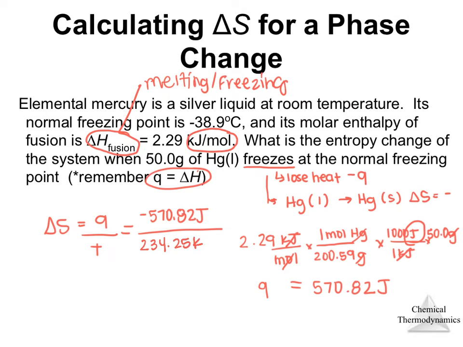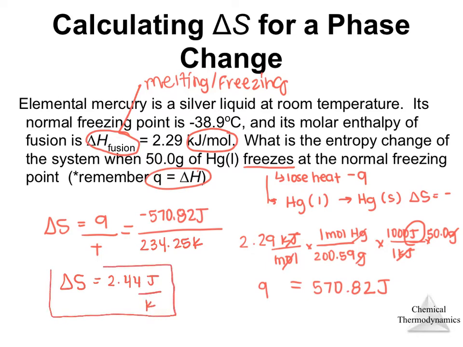So when I take negative 570.82 divided by 234.25, I get a change in entropy of negative 2.44 joules per Kelvin.